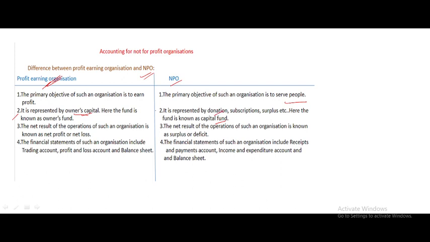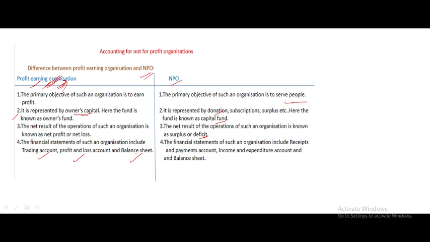Third difference, in profit earning organization, the operational result is known as net profit or net loss, but in case of not for profit organization, the operational result is known as surplus or deficit. Now, on the basis of financial statement, the financial statements of profit earning organization include trading account, profit and loss account, and balance sheet.